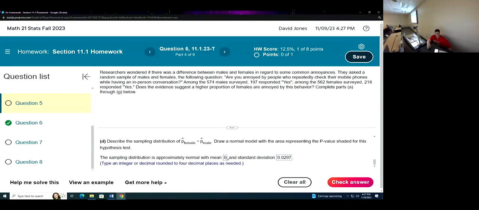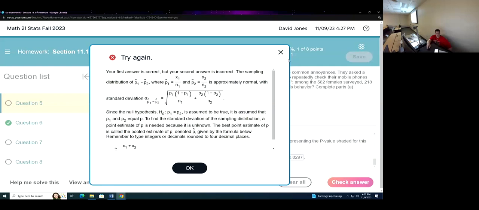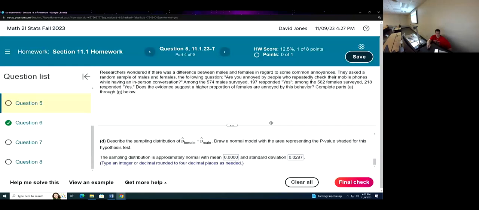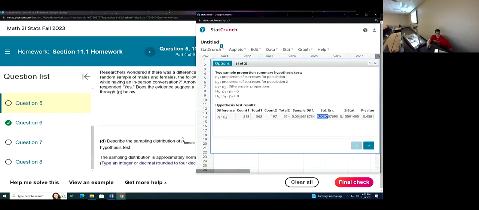Do you want me to put 0.0000? Oh, they want us to actually use the value in there, not H0. So that should be sample difference, I think. Should be the 0.3879 minus the 0.3442.